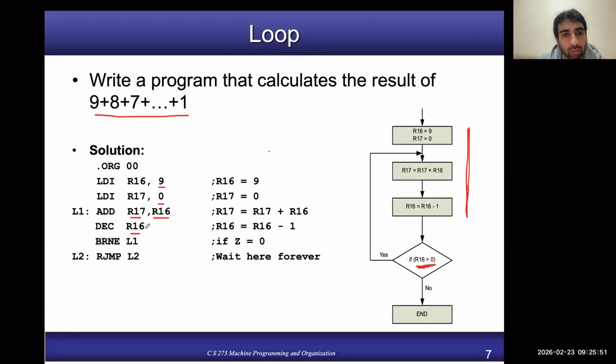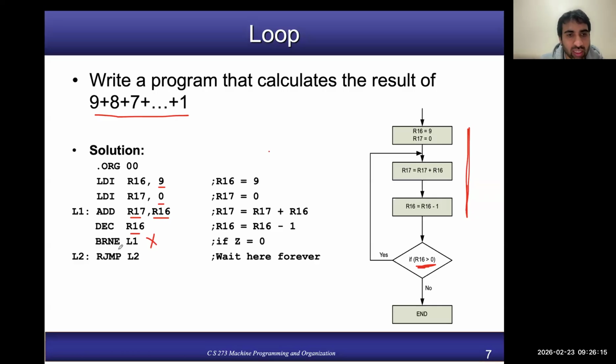Remember, when we do decrement, initially it is 9. Then it will become 8, then 7, then 6, and so on, up to 1, this condition will be false. Why? Because the value of the R16 register will not be equal to 0, so Z will be equal to 0.